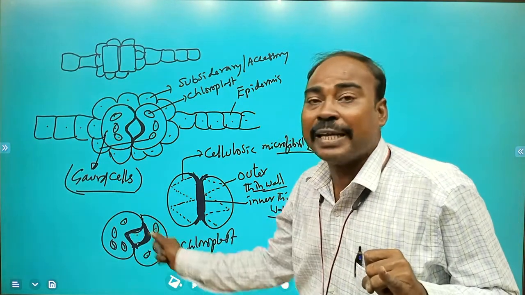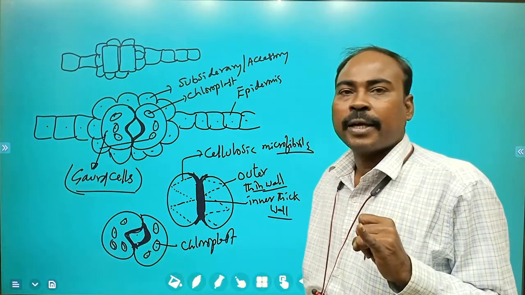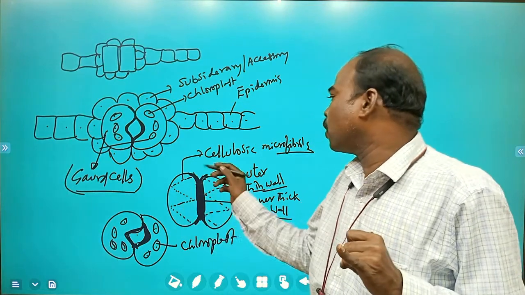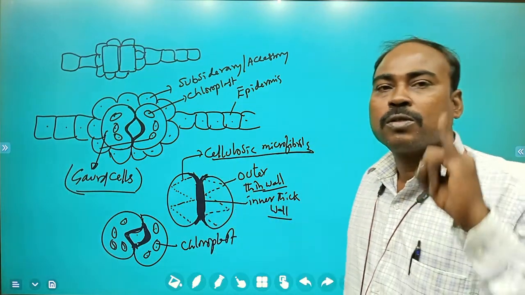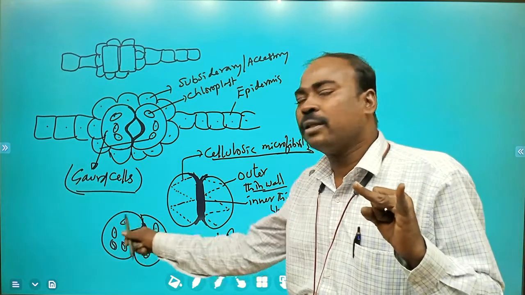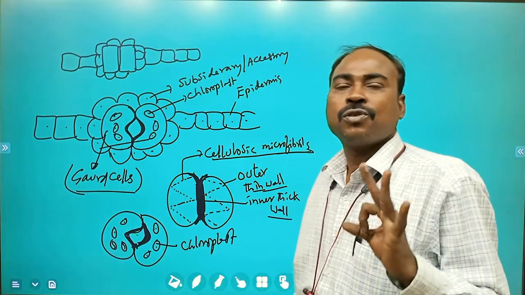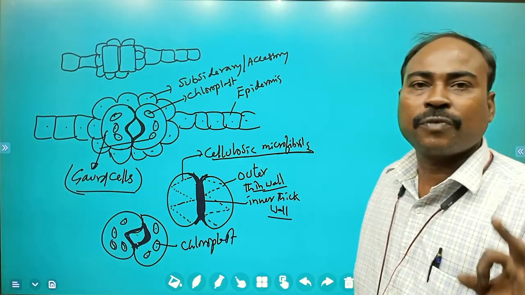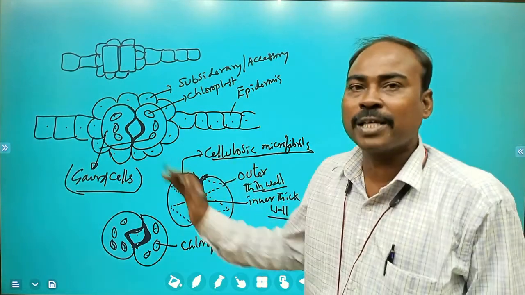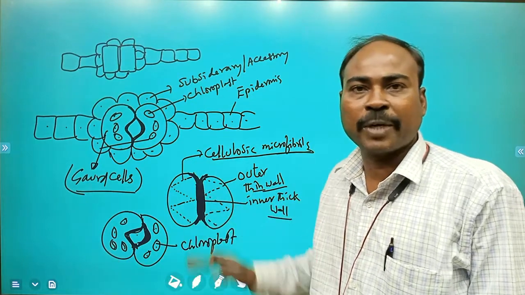Guard cells exhibit uneven thickenings, that means thick inner wall, thin outer wall, and also cellulosic microfibrils. So the presence of cellulosic microfibrils, uneven thickening of the cell walls, and the presence of chloroplast are the main characteristic features of guard cells. The remaining epidermal cells do not have chloroplast, uneven thickenings, or cellulosic fibrils.